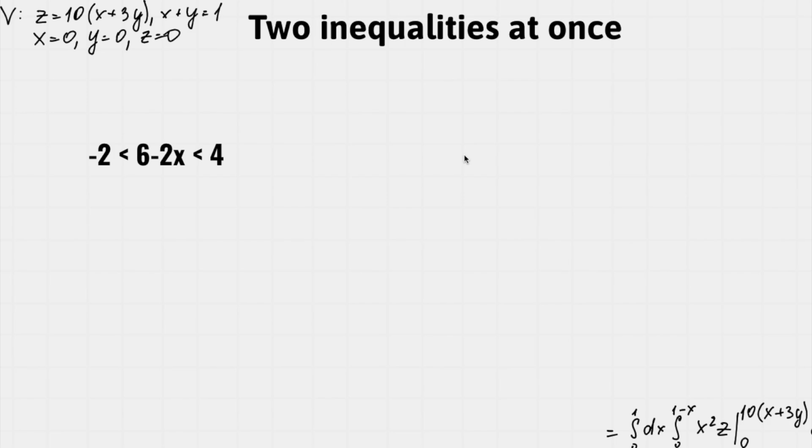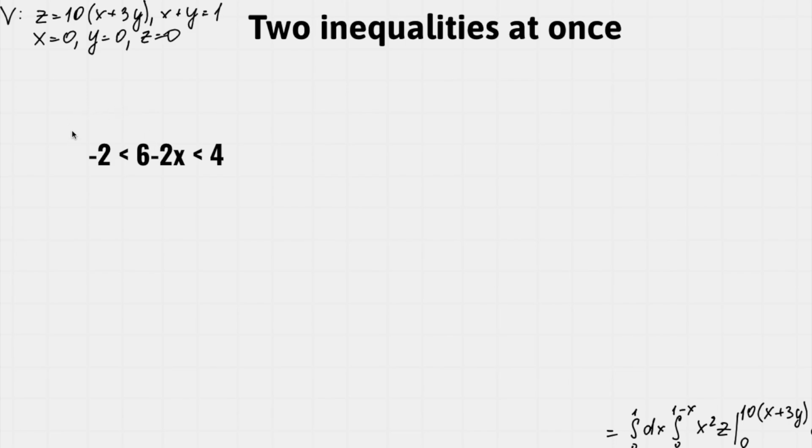So here we have two inequalities at once, which is just as we saw earlier, that x will not be infinite, it will stop at two different numbers. So what do we have to do here? To isolate x, first we have to subtract 6. So here we need to take into account that we have 3 different parts of the inequality.